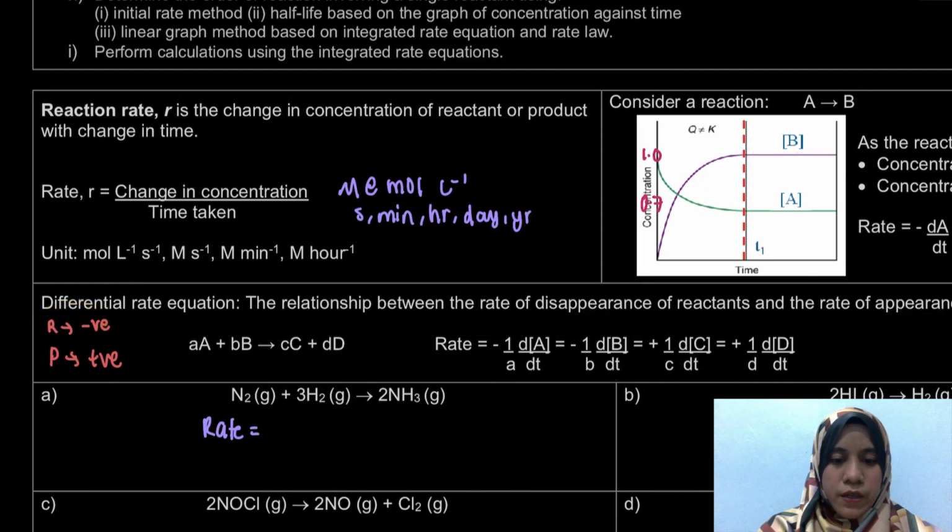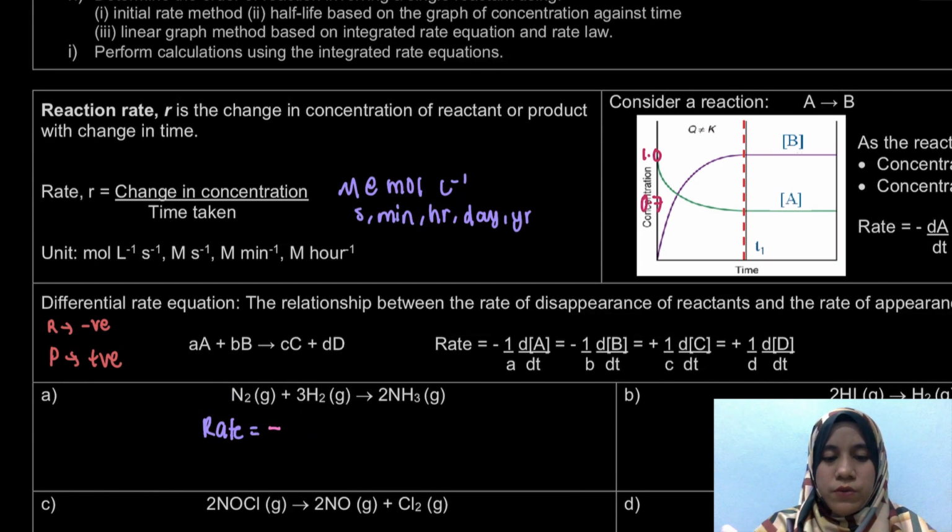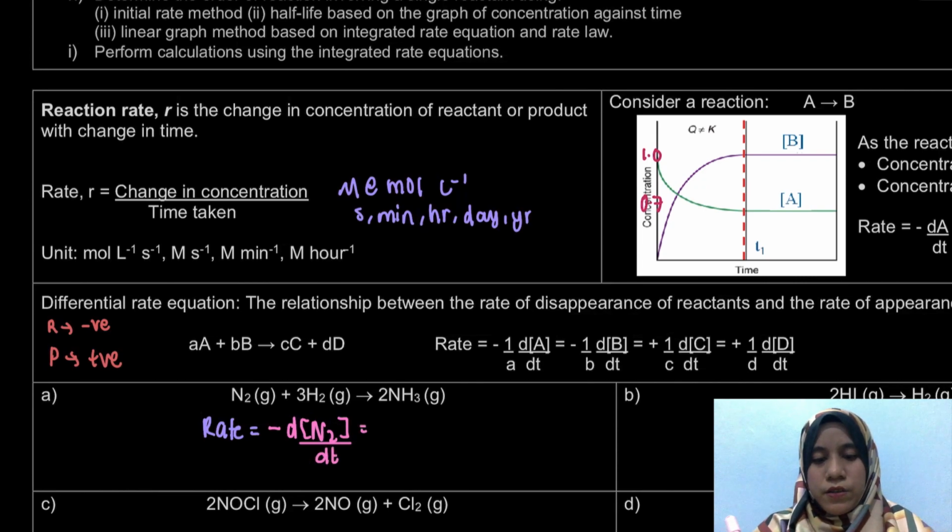So here I'm just going to write down negative, but here we have to write down 1 over something. But this equation is 1 over 1. So 1 over 1, do we have to write it down? There's no need. You can write down straight away d[N2] over dt. So this is the first reactant.